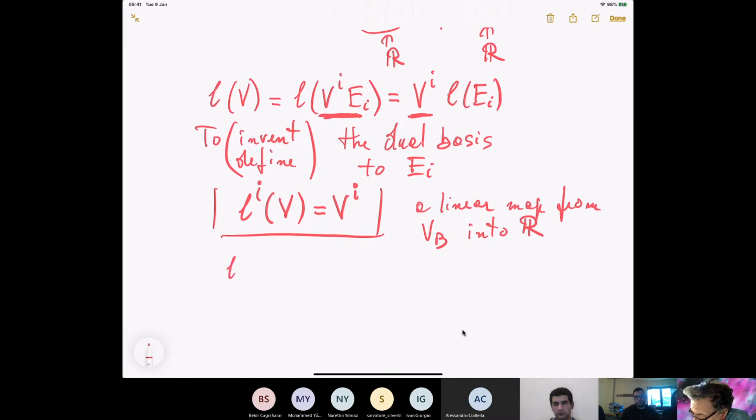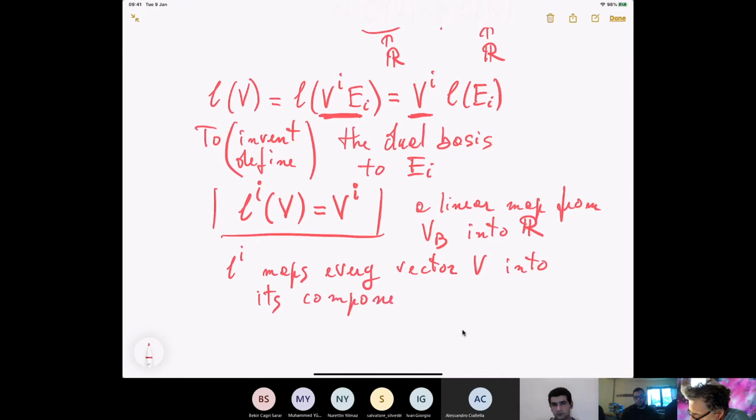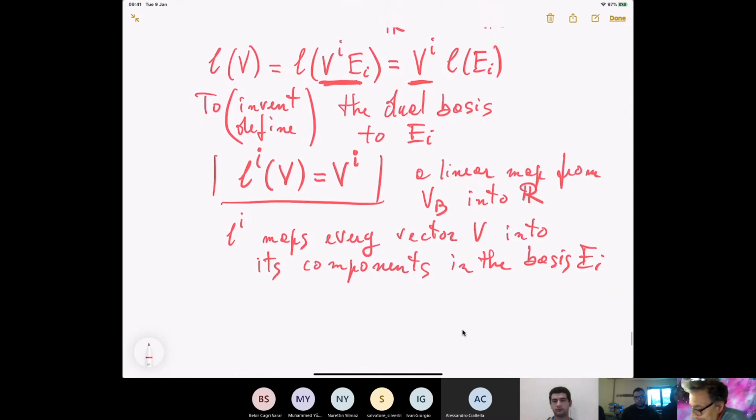So L^i maps every vector v into its components in the basis e_i. There is nothing strange in this, okay? So following the rule of Professor Franchetta, I repeated this three times, okay? So I'm trying to hammer this in your head.